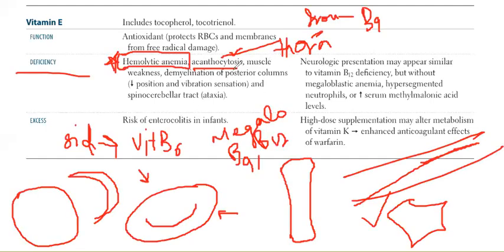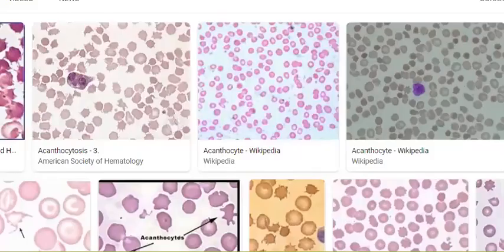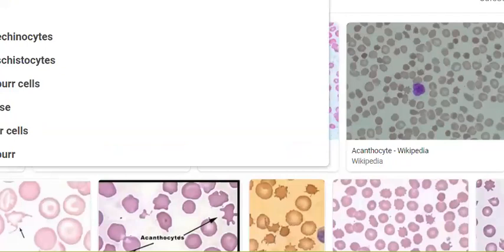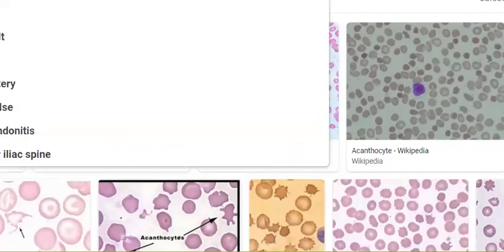Now the next thing is muscle weakness, demyelination of posterior columns. If you remember, there was a very good picture in your First Aid, but I would have to go pretty much back to show you that, so it's better I show you in here.